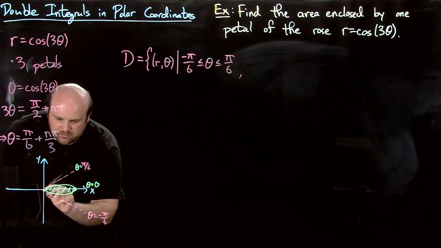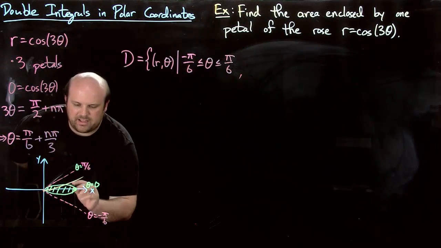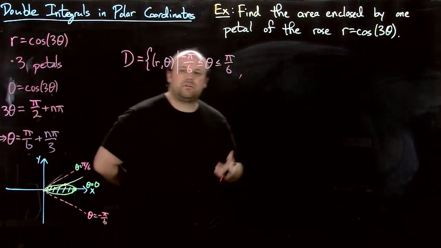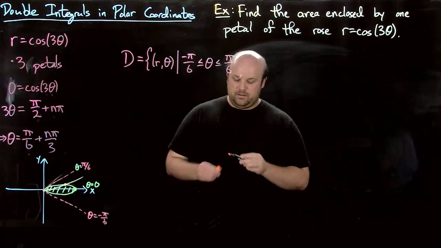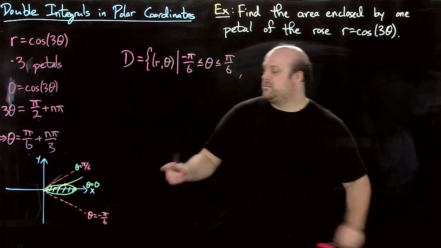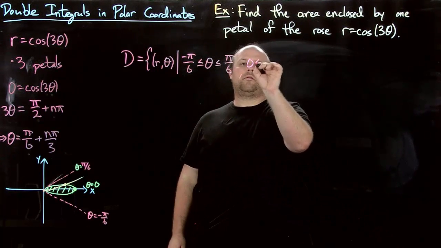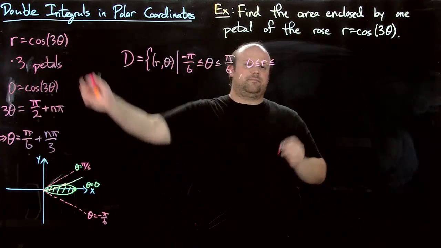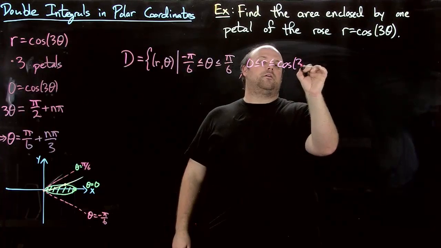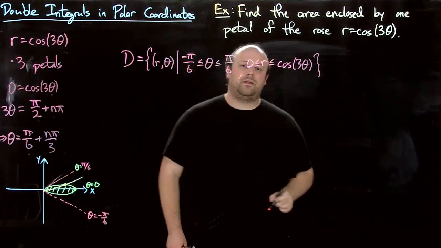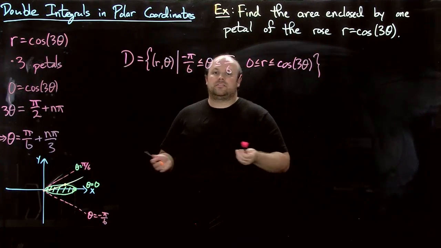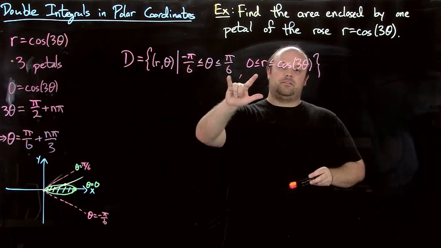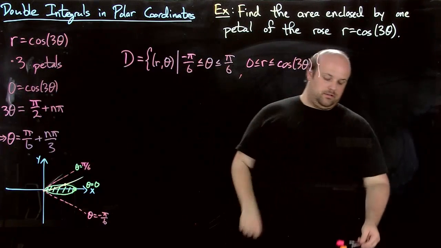So if we start at the origin here and work our way out, we hit the edge of the petal. And what is the edge of the petal given by? It's got to be given by cosine 3 theta. So this is the one petal described in polar coordinates.